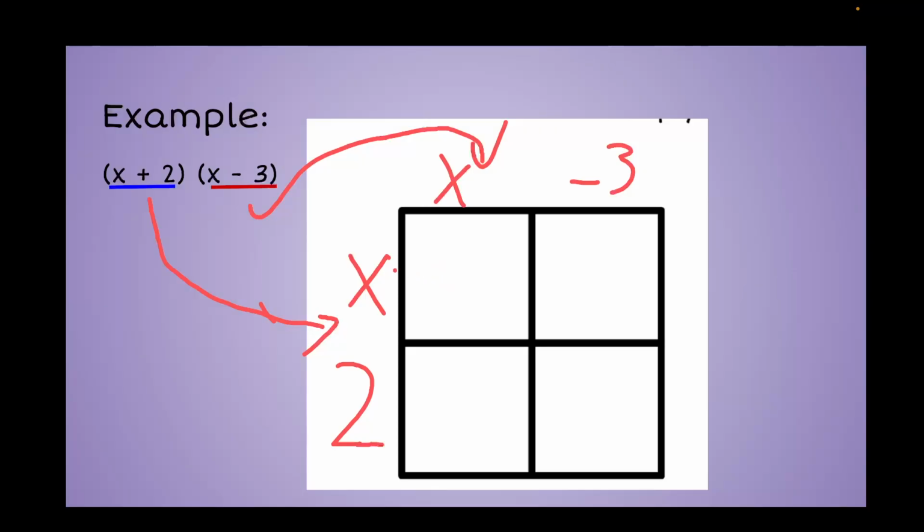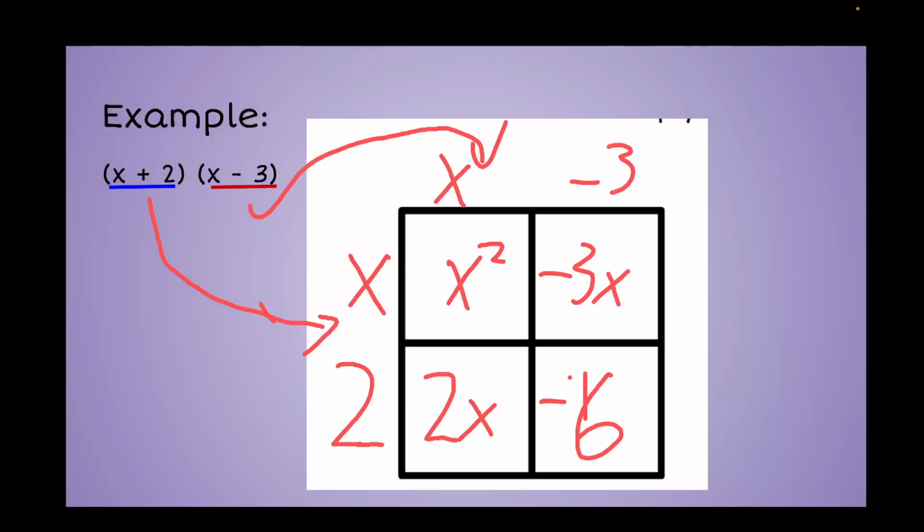So on this square, you do x times x, which is x squared. This one is negative 3 by x, so you multiply those two and get negative 3x. 2 times x is 2x. And then 2 times negative 3 in this last box is negative 6. And then once again, you combine like terms, and you're going to get the same answer here.